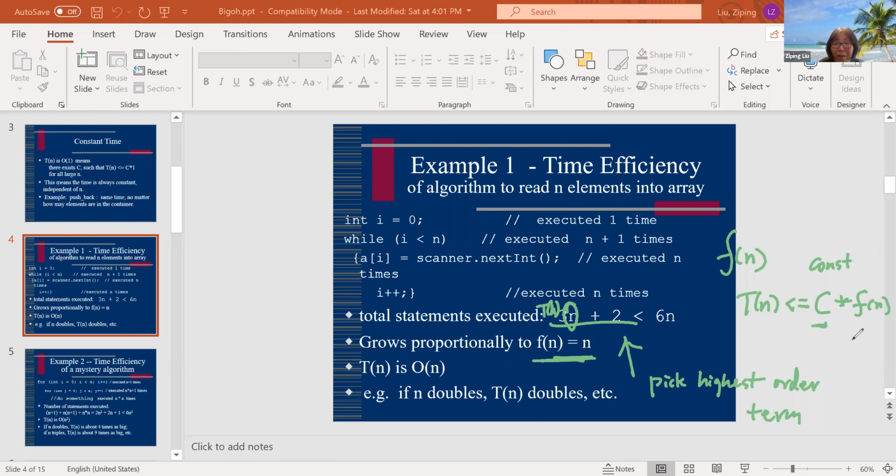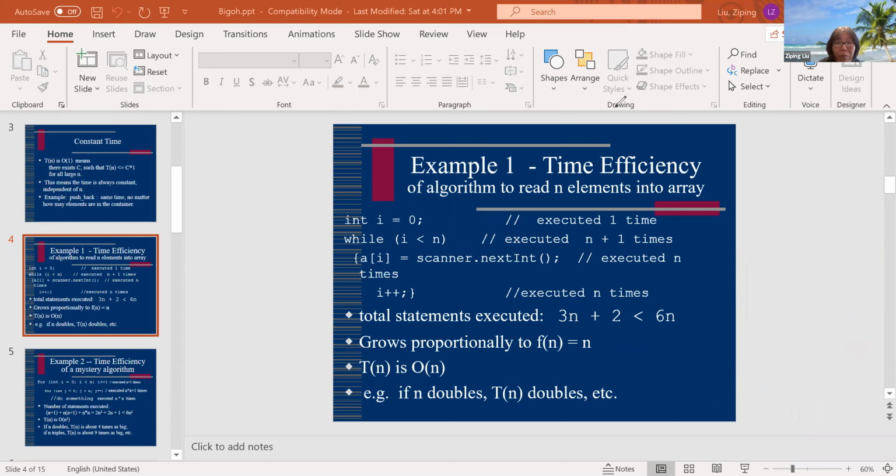And then our question is what the C is going to be. As you can find, say here we pick 6. If I choose C as 6, then you can always guarantee this comparison is true. And if this is true, that means Fn is n, and that is O of n.